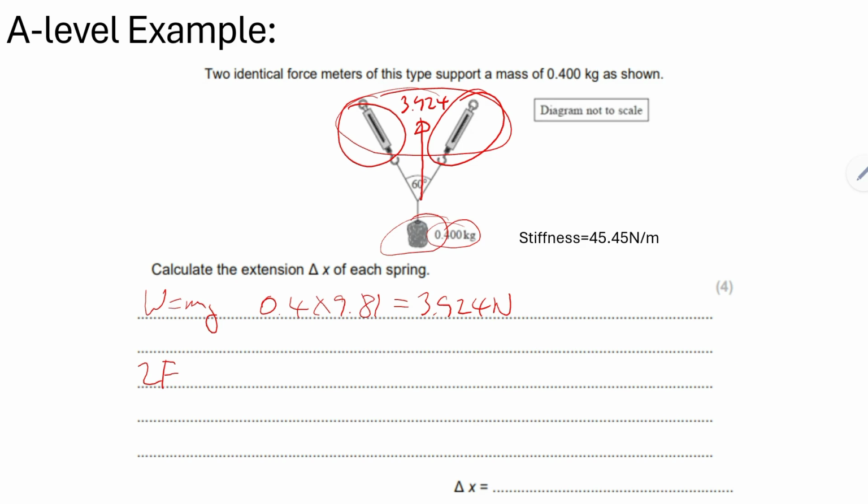So 2 multiplied by F, and as it is coming from an angle, we can see 60 over here overall, but from the vertical to where the force meters are, we can see it will be 30 on each side. So it will be cos 30, because we want to find out what this force is, and we know what this force is.